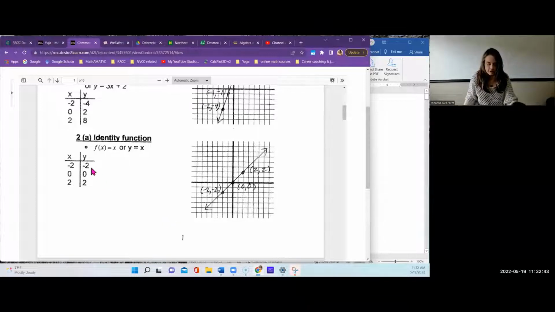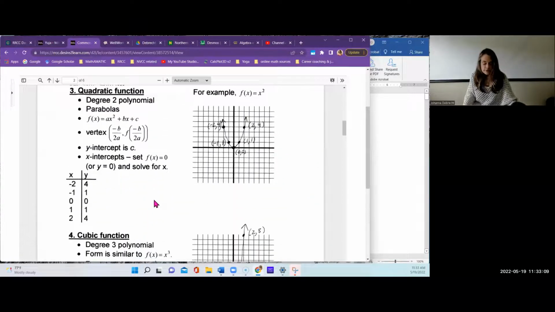So that's the one that has points like (-2, -2), (0, 0), (1, 1), (2, 2), (5, 5), (10, 10), (pi, pi). This is the graph that will cut quadrant 1 and quadrant 3 in half at a 45-degree angle on a scale of 1 to 1. That means that the x-axis is divided in the same way that the y-axis is divided.